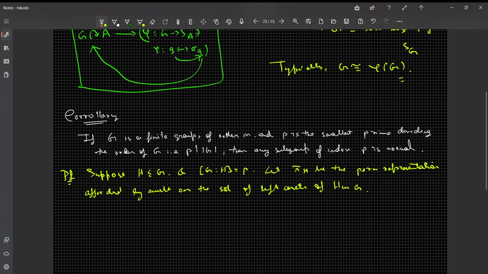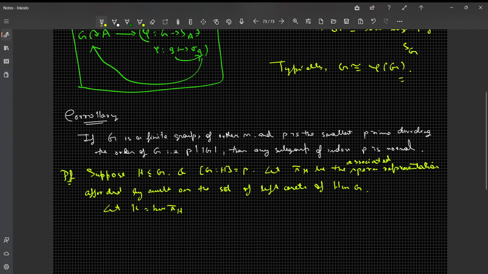That is the action of the group on the set of all left cosets of the subgroup H in G, and pi H is the associated permutation representation. Clear?